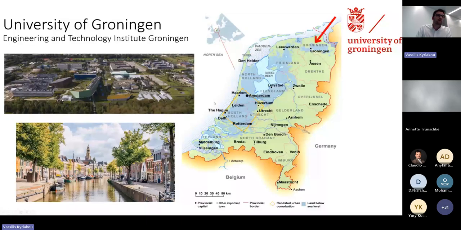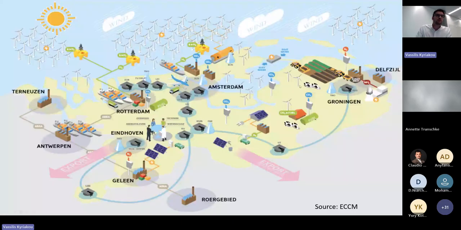Now, in the Netherlands, we're quite dedicated to the energy transition, and some things are slow, but after they have been decided, I think the progress is quite impressive. This is a scheme that I took from a platform for electrochemical conversion here in the Netherlands, and this is practically the plan for 2050.